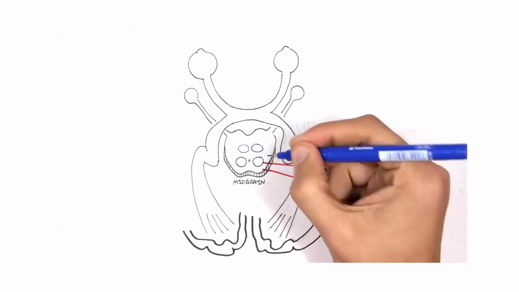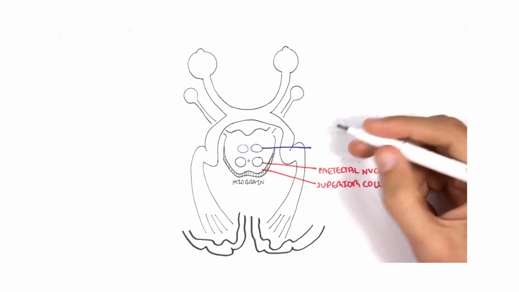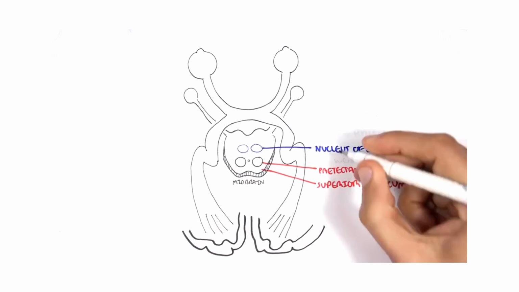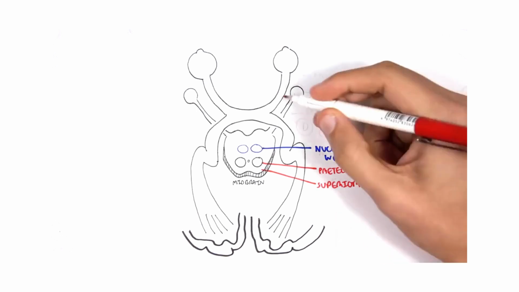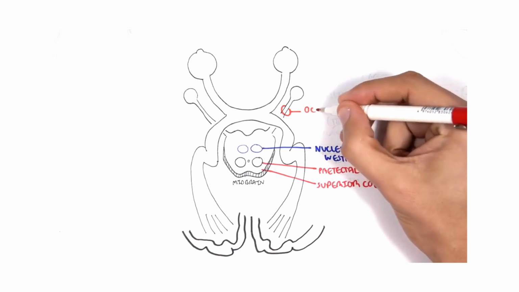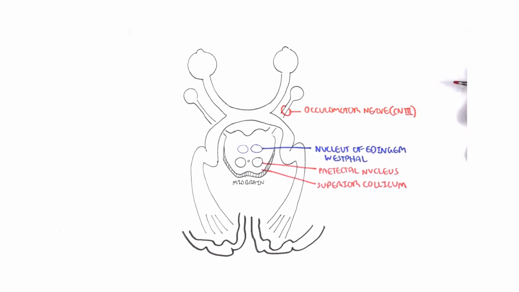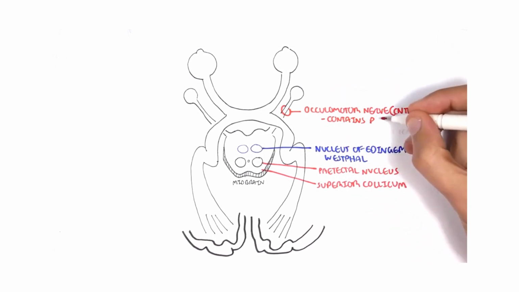Now, the nucleus of Edinger-Westphal is important because it is where the oculomotor nerve, cranial nerve number 3, originates. The oculomotor nerve will travel along this pathway here. It's also important to know that the oculomotor nerve contains parasympathetic nerve fibers.